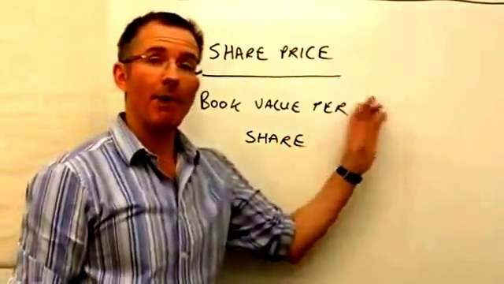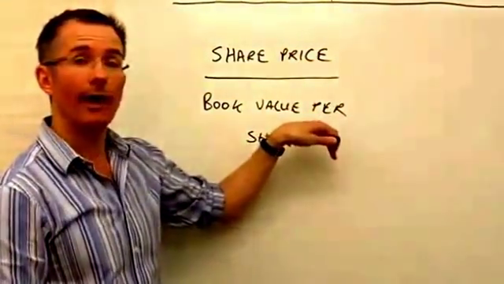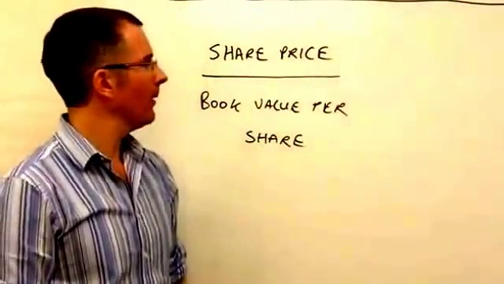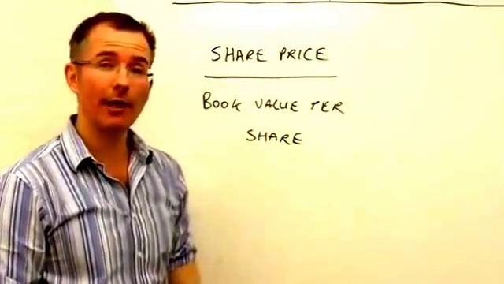And the answer will be a number, it'll be a multiple. So this will be some multiple of that, let's say. So what are we looking at here? Well, the current share price, that's easy enough, we can look that up fairly quickly, it'll change every day.